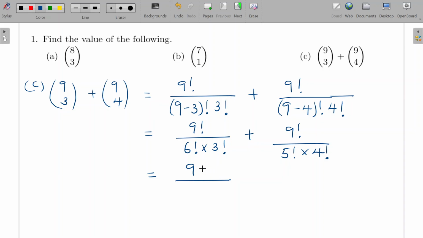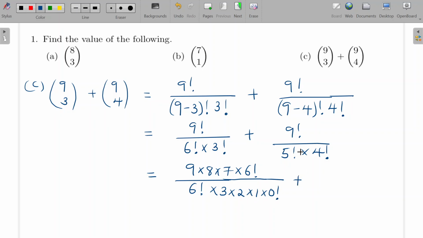I'm going to say 9 times 8 times 7 times 6 factorial. That's where I'm going to end, because I have a 6 factorial at the bottom. Then I'll say 6 factorial times 3 times 2 times 1 times 0 factorial.